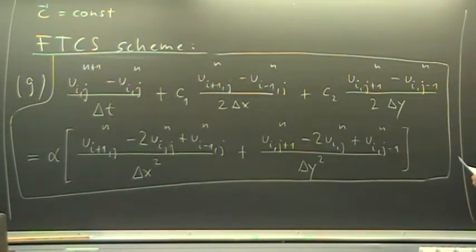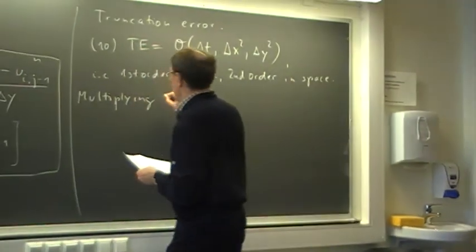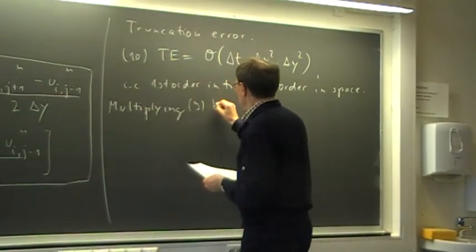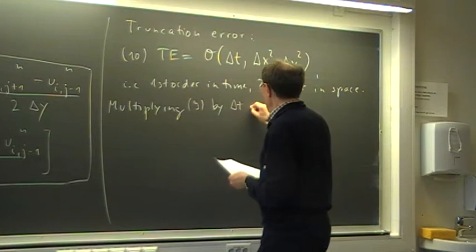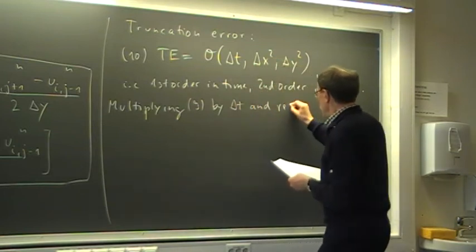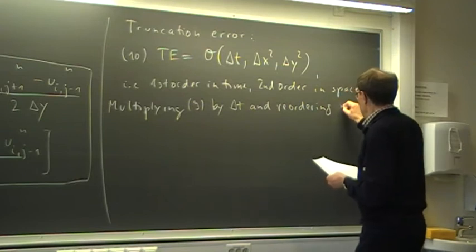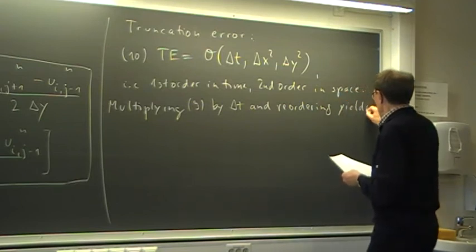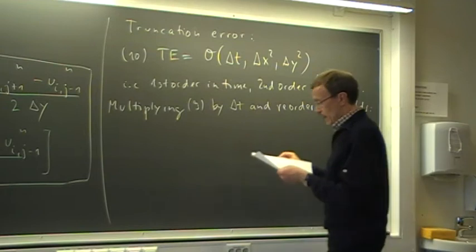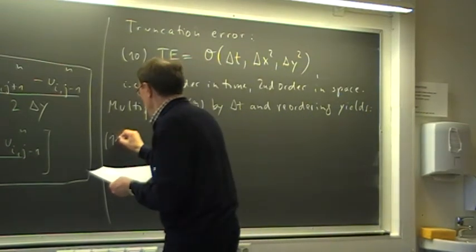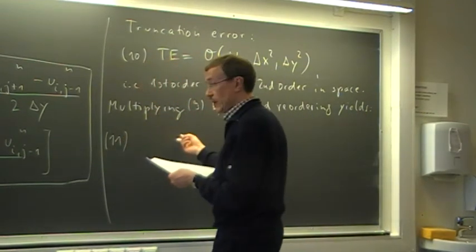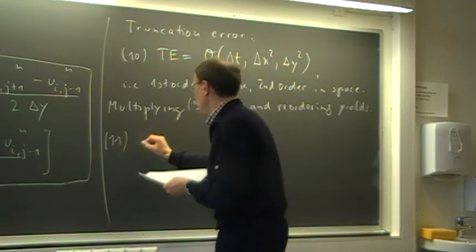So we get, by multiplying by the time step delta t and reordering, the following. That is 11. That is the way you would implement it.